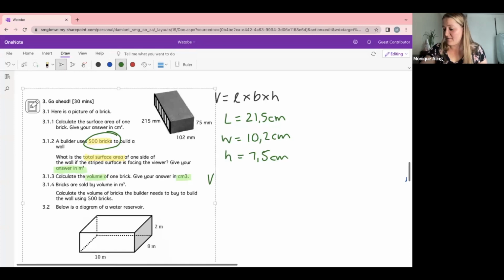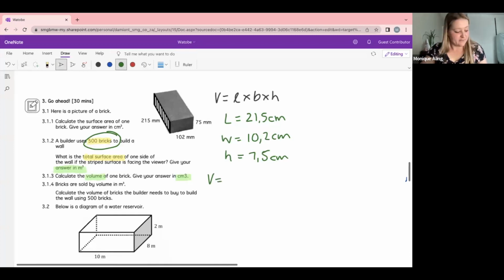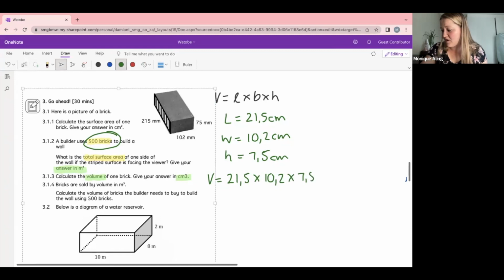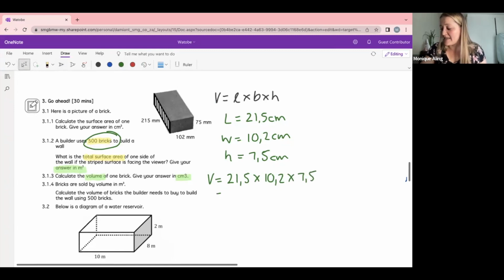Okay, I put it into my formula: 21.5 times by 10.2 times by 7.5. They're all in centimeters, which is what we want because we want the answer to be in centimeters cubed.